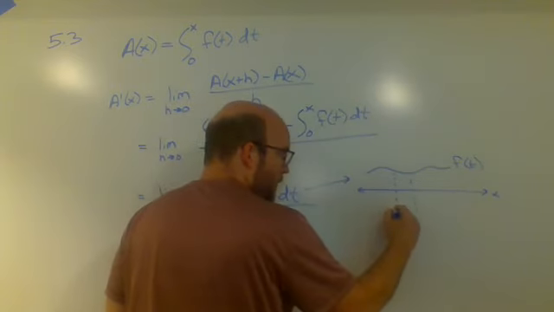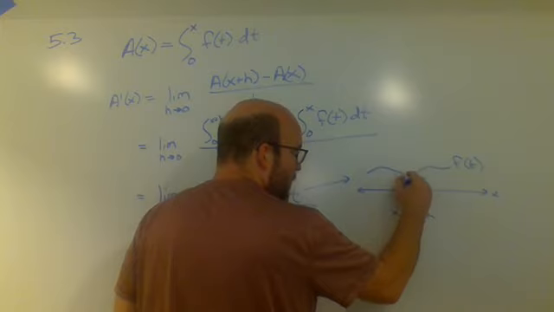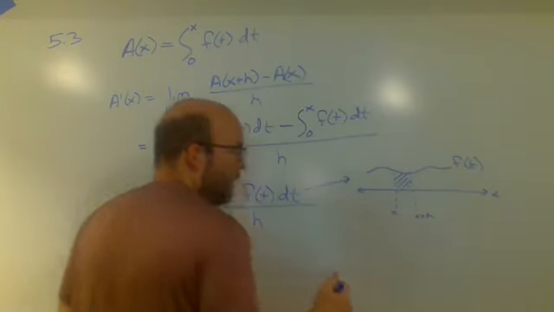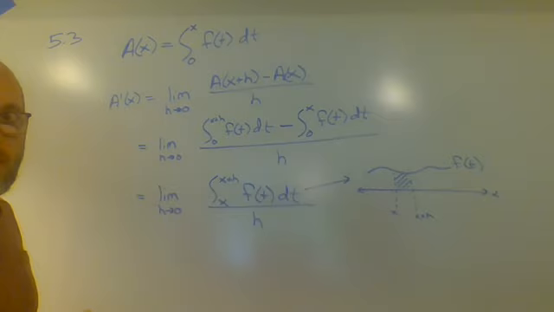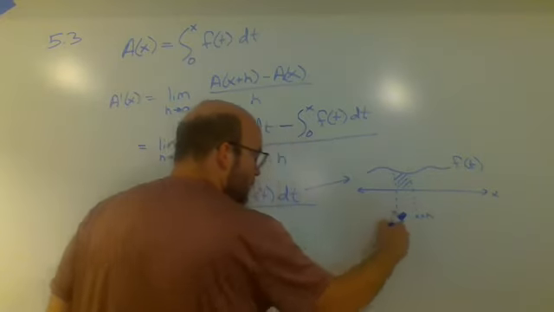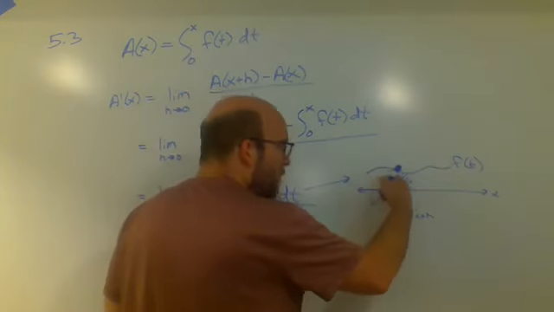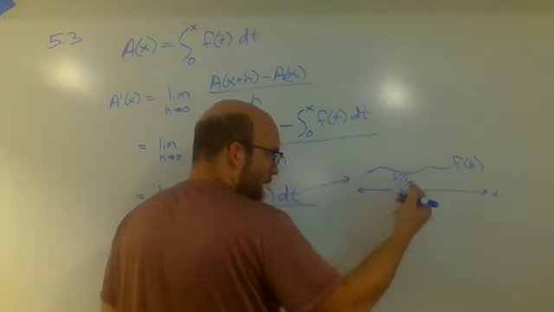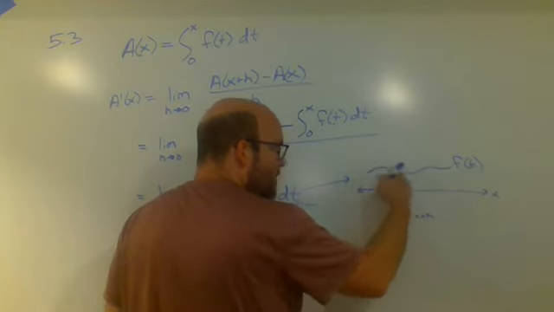So if I'm looking at the area between x and x plus h, I'm looking at this sliver of an area here. And that is a kind of crazy shape. But as we've said before, as long as h is super small, which we know it is because h is going to 0, then this starts to look more and more like a rectangle. I'm not going to try to redraw this as a rectangle, but just imagine this is a rectangle.